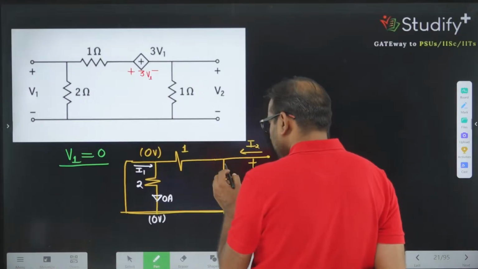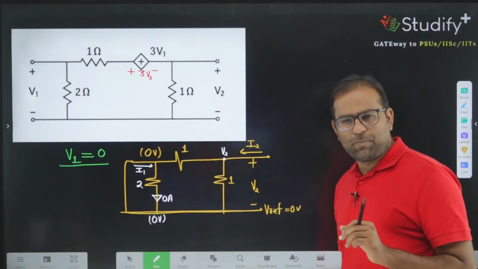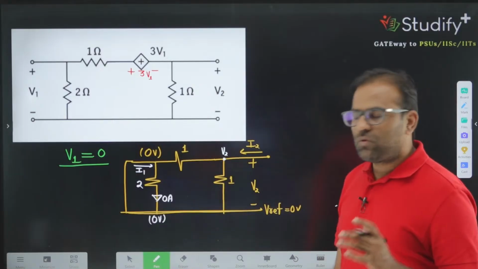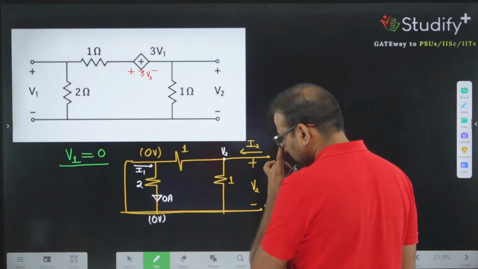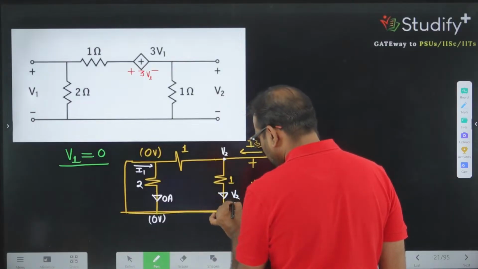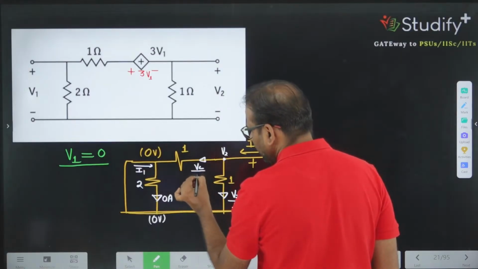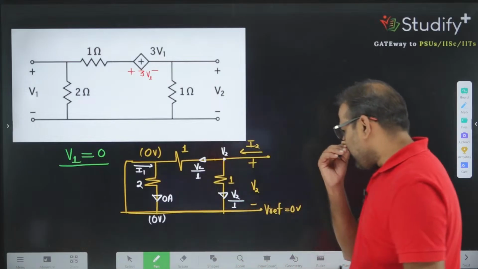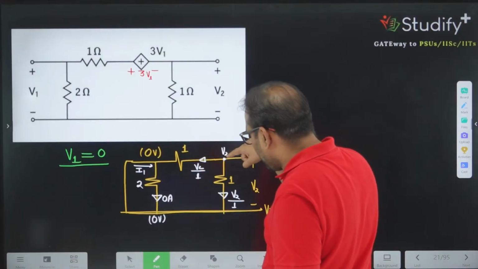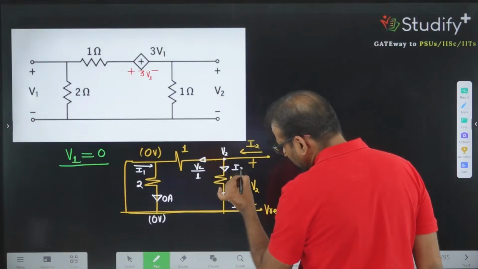If this potential is V2, it is divided into 2 parts. One part is V2 to ground, another part is V2 to ground. What is current here? Current here is V2 divided by 1, and this current is also V2 divided by 1. Can I say the same branch current is given by I2 divided by 2?